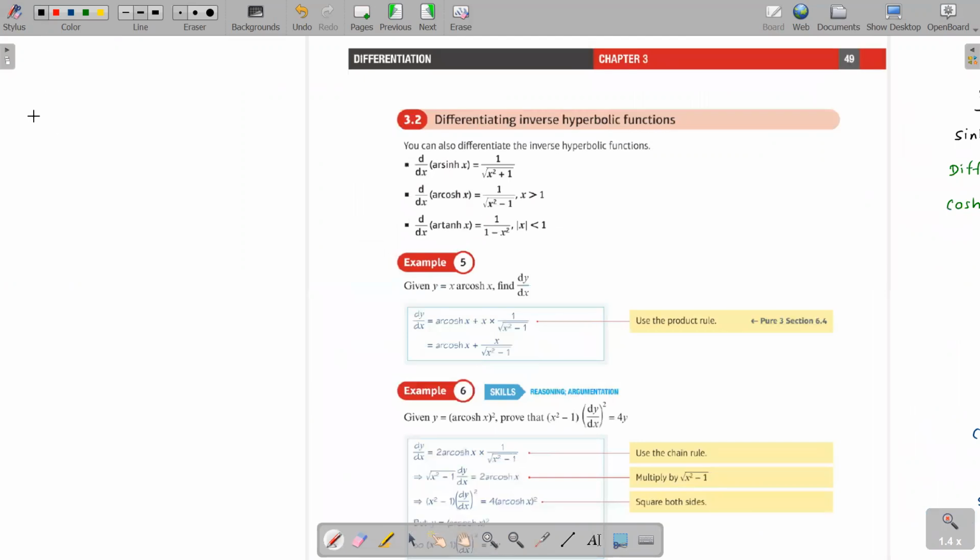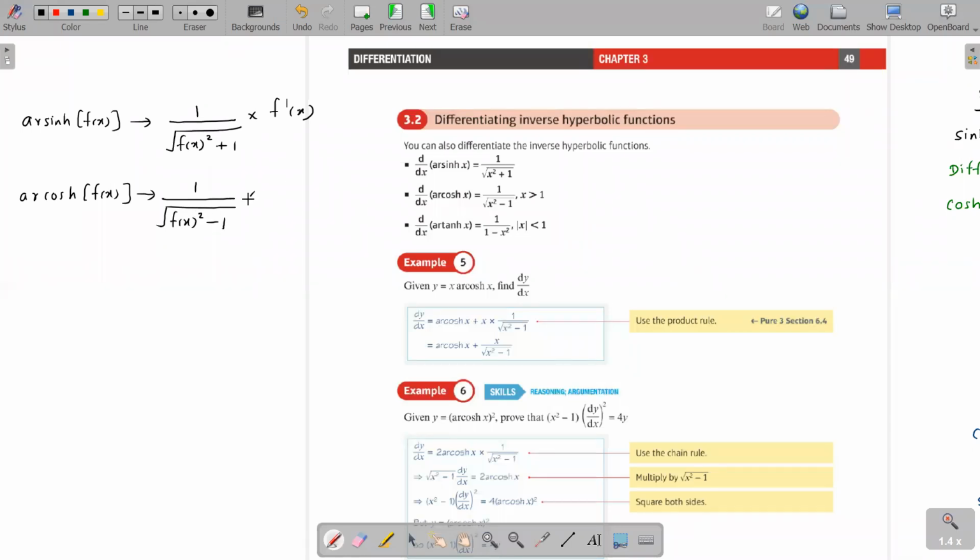So if you differentiate arc sinh f(x), the differentiation will be 1 over root f(x) square plus 1 into the f dash x. Are you all with me? If you are differentiating arc cosh f(x), the differentiation would be 1 over root f(x) square minus 1 into f dash x.